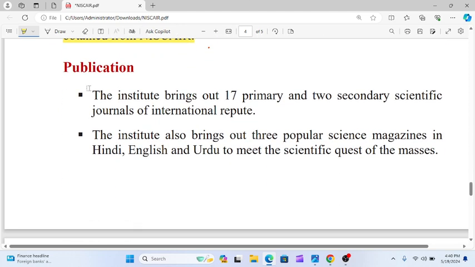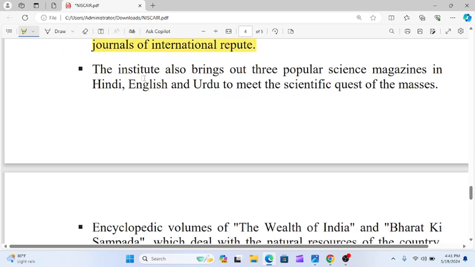The institute brings out 17 primary and 2 secondary scientific journals of international repute. The institute also brings out 3 popular science magazines in Hindi, English, and Urdu to meet the scientific thirst of the masses.